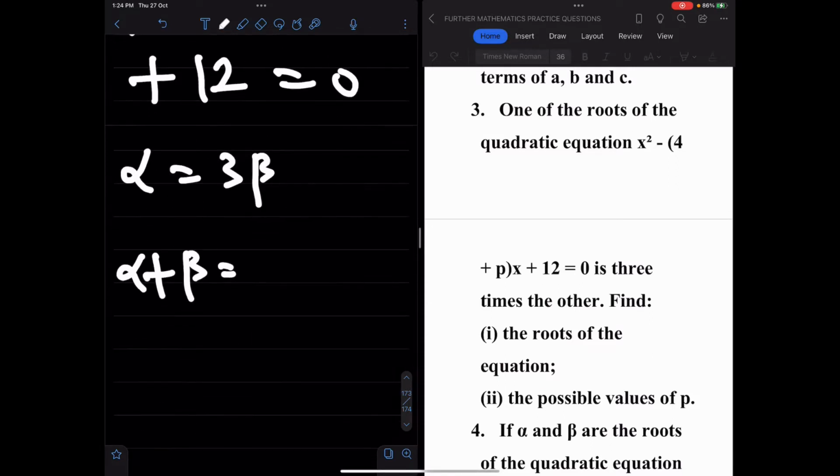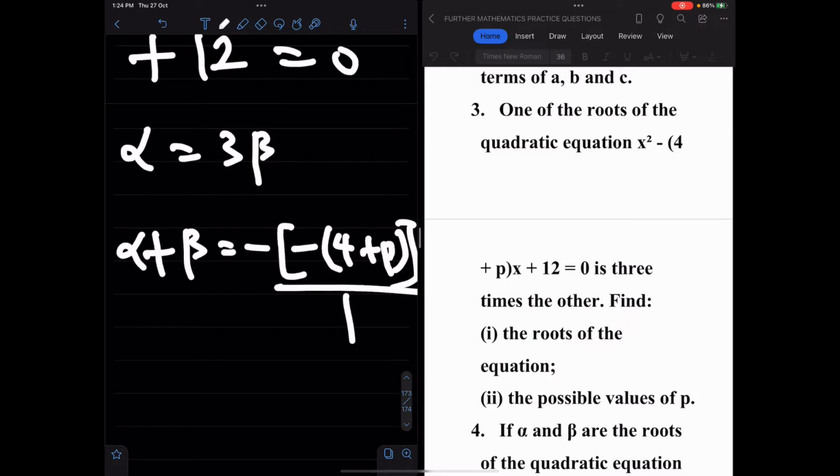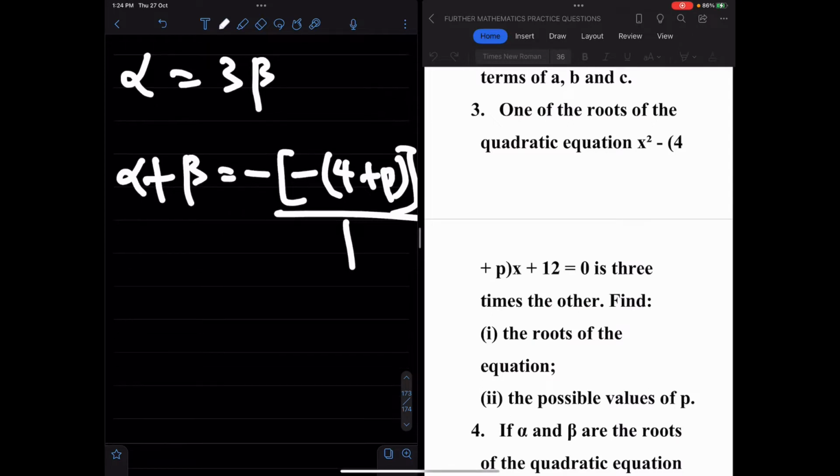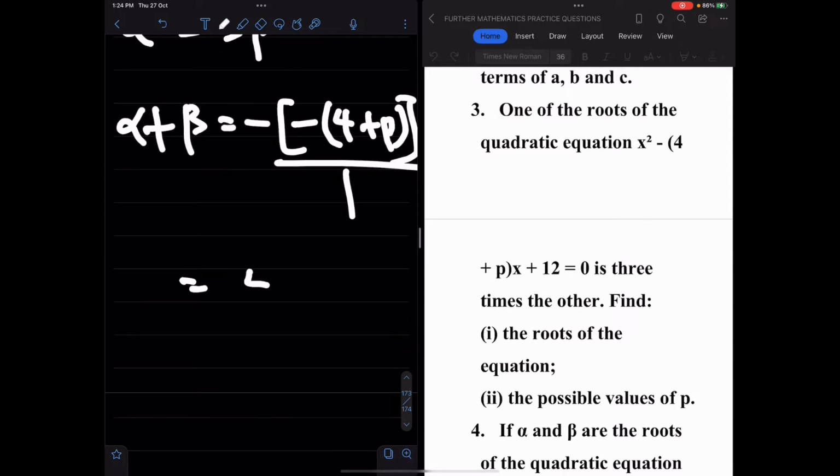So alpha plus beta equals minus times minus (4 plus p) over 1, which is the same as 4 plus p.